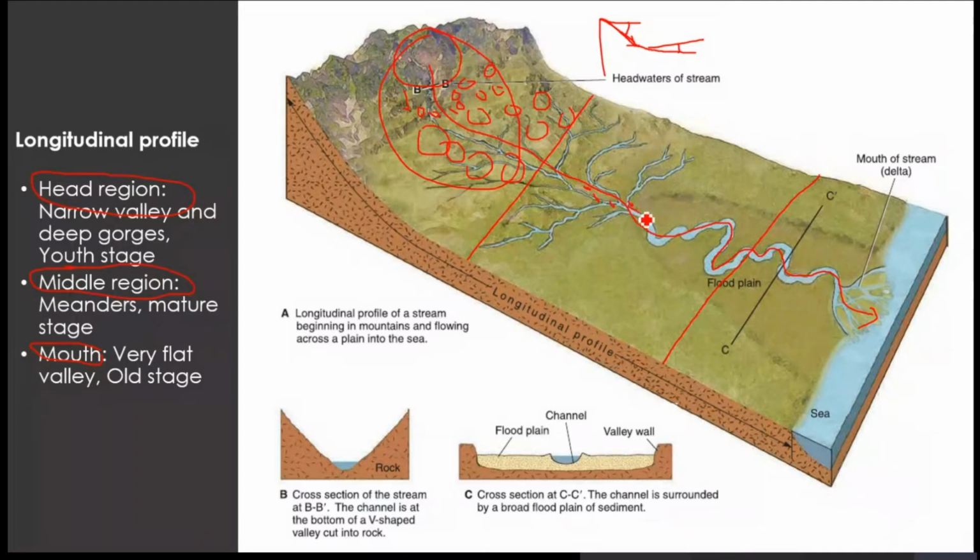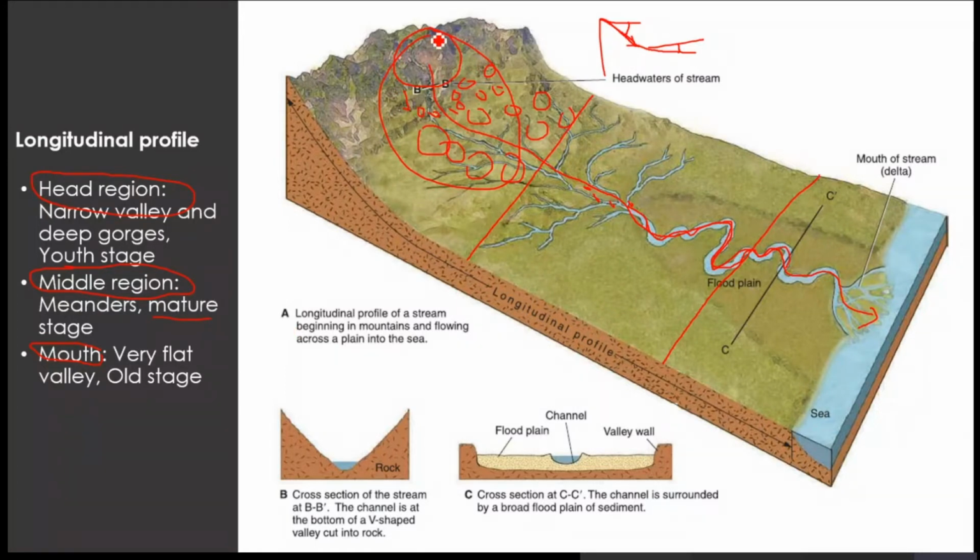Meandering channels are channels flowing in a curved nature. Because of the change in slope, the river is not able to carry the load, so it takes a curved path, and in that stage we consider the river to be in the mature stage.